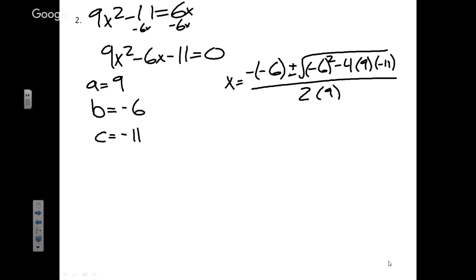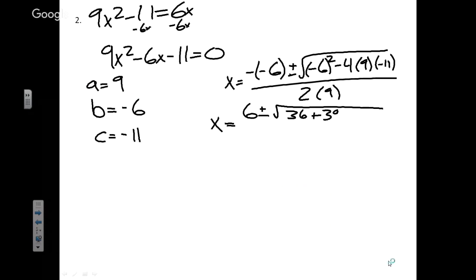So when we're trying to figure this out, we're going to get x equals 6 because that's just -1 times -6. It's going to give us 6 plus or minus square root of all of this stuff. So what's -6 squared? 36 minus what's the 4 times 9 times -11? 396.